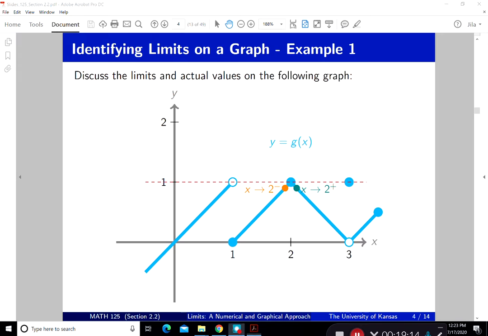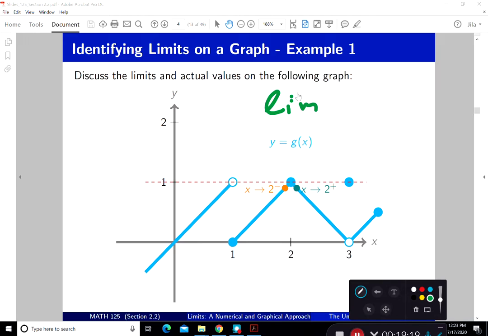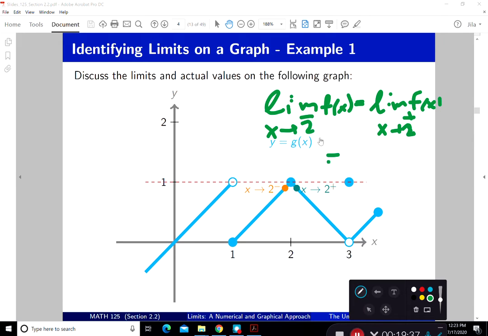So in this case, basically, the limit as x approaches 2 from the negative side, from the left side, is equal to the limit of the function as x approaches 2 from the right side, and that value is 1, and that is actually equal to f of 2 itself. So this is the case for this part of the function. The prediction from the left and the prediction from the right match the value of the function.